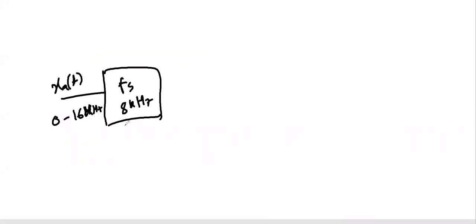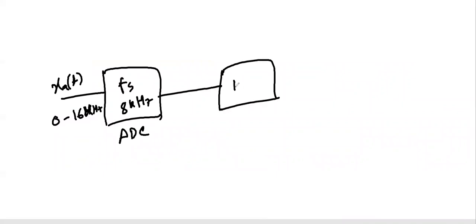So this is an analog to digital converter, and after that you are putting this to the digital to analog converter. What would be the range of the output?